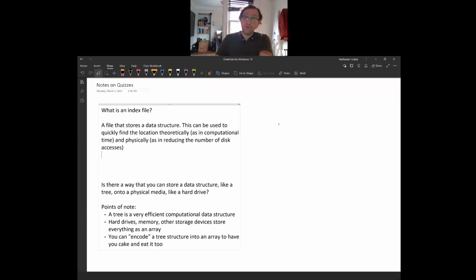In the real world, we have physical media where everything is an array. That's just what you're stuck with. But this is a way to have your cake and eat it too, where you can take a tree and encode it in an array. We talked about two ways of doing this, the layer by layer method and the pointer method. Either way.